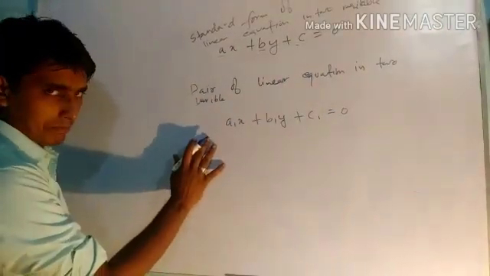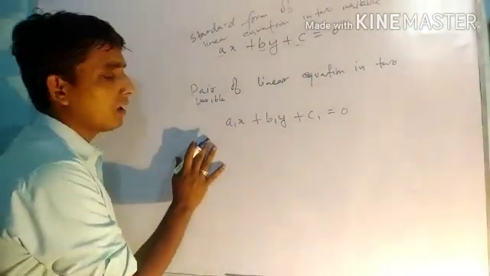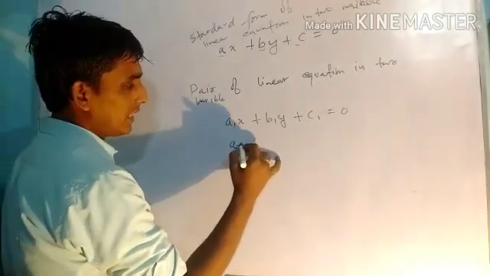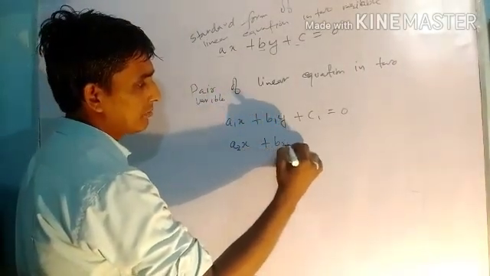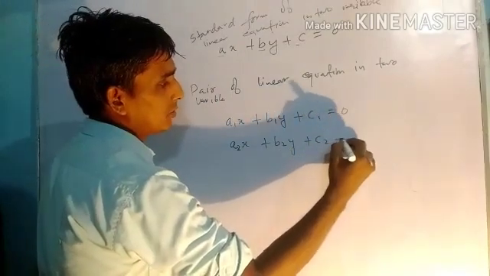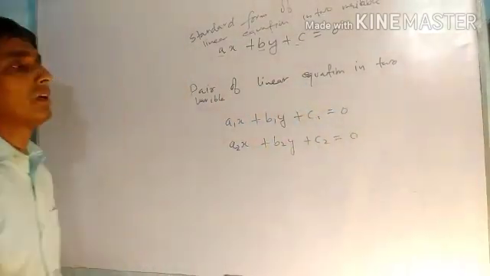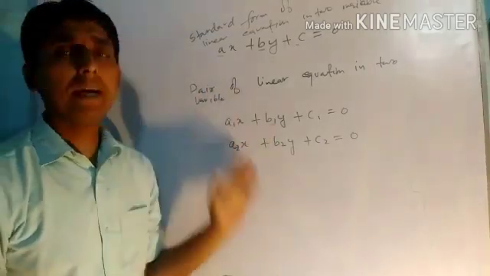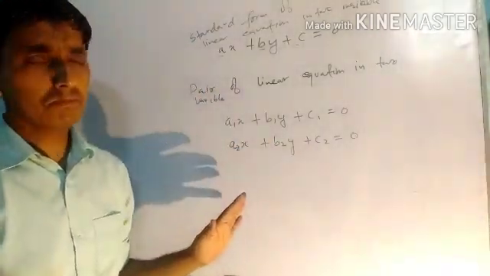This is the first linear equation. If I write the second linear equation, we write a2x + b2y + c2 = 0. So we have written the standard form of a pair of linear equations.